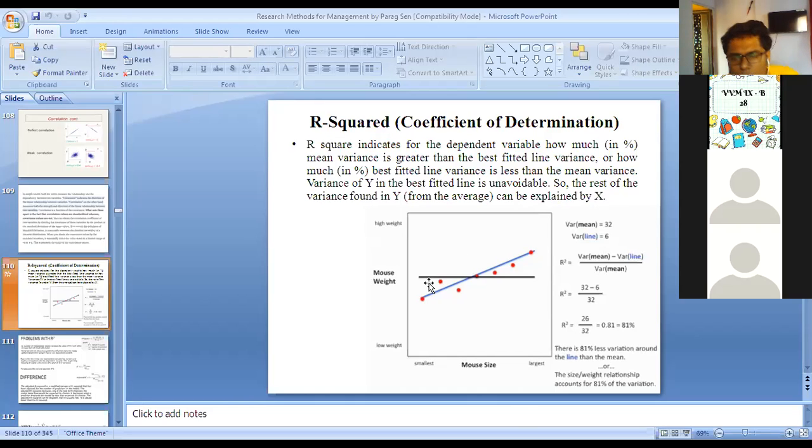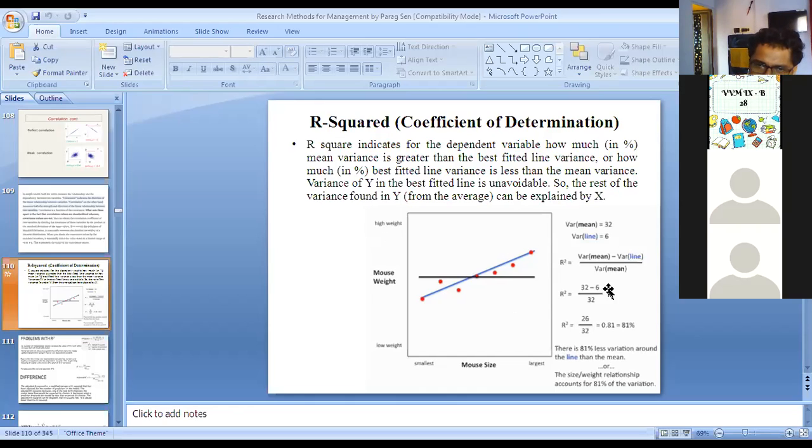So basically, with the help of the R squared method, you can segregate your common variance, because this line is telling you the common plus uncommon, and this line is telling only the uncommon.